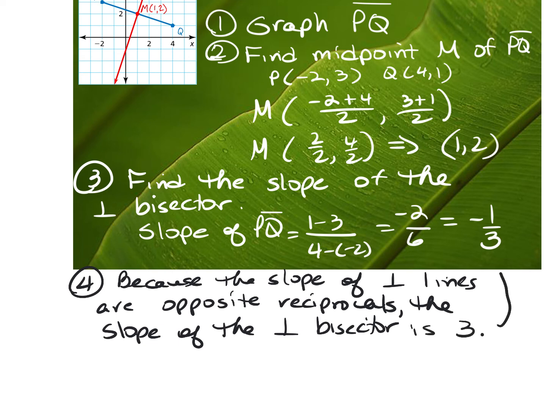I'm switching it to the opposite sign of the slope we just calculated and the reciprocal. Now we can write the equation. We have the slope and we have the midpoint.